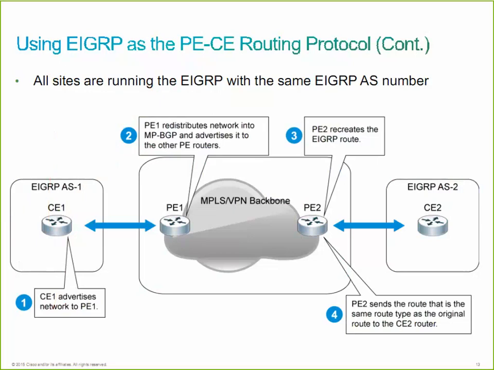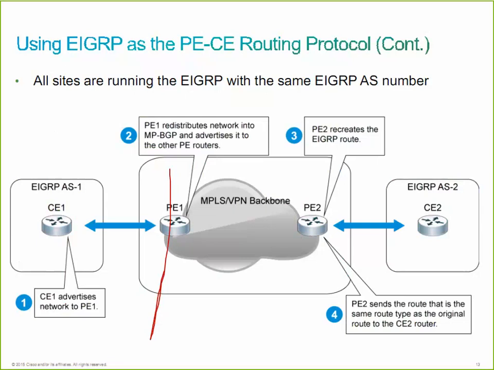The PE router, of course, has to redistribute those routes from EIGRP into MPBGP, and that happens on the router itself. But we need to maintain that encoded route information in those extended community attributes within the MPBGP configuration.